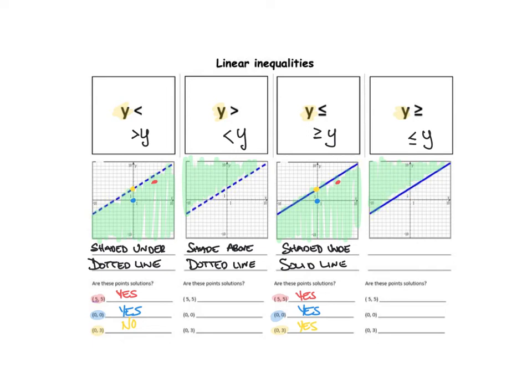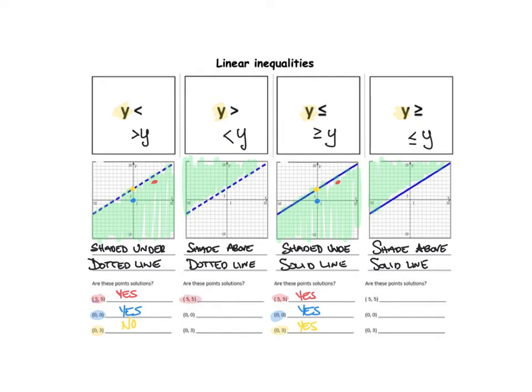Now in this example, we are still going to shade above. Why? Because if y is greater, we're shading above. And since now I have the line under that means equal, we have a solid line. Now how would that affect our solutions? Let's start from the beginning.